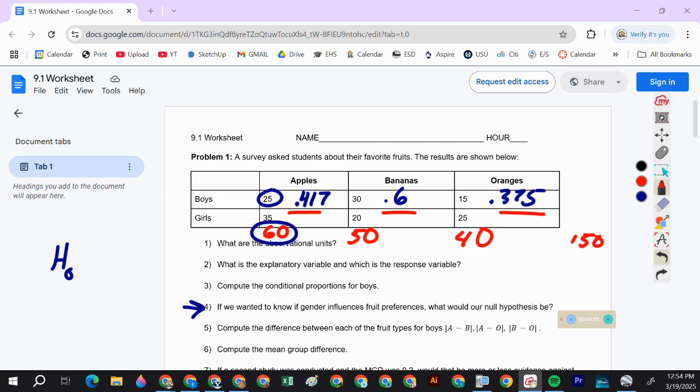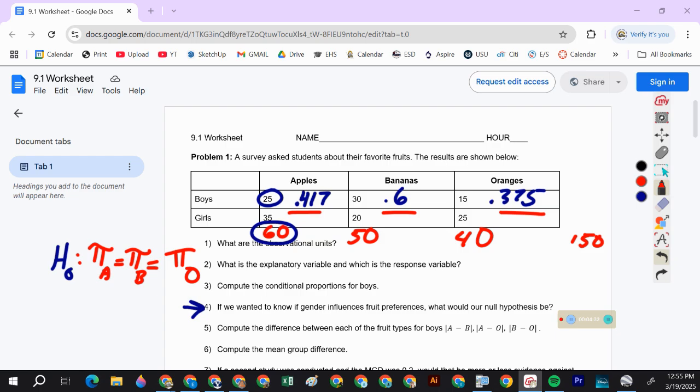And they're obviously not, but are they far enough away from each other to say that they're not equal? That's what we're doing. So H naught says, is the parameter proportion for apples the same as the parameter proportion for bananas, which is the same as the parameter proportion for oranges.